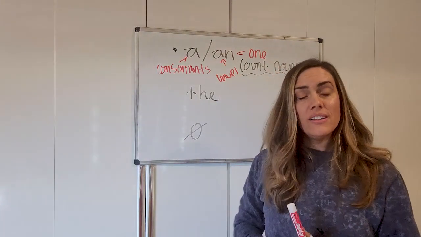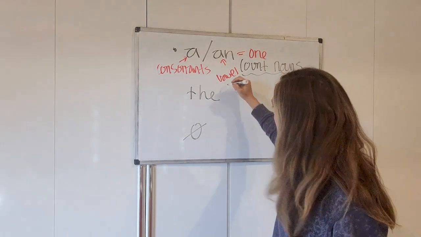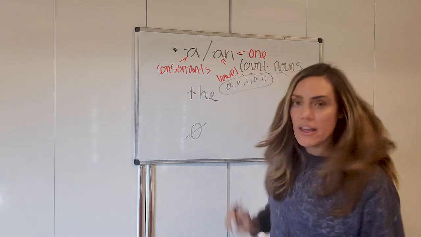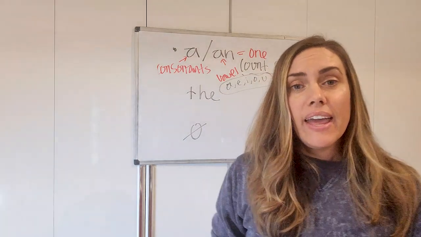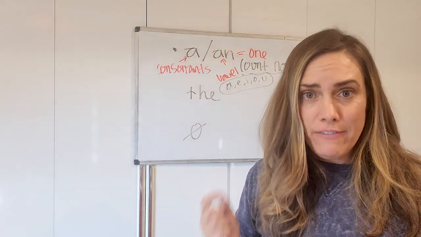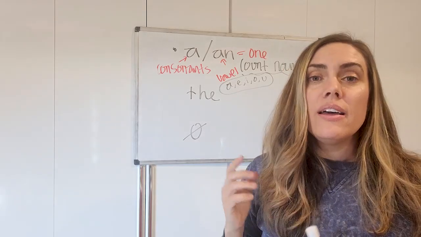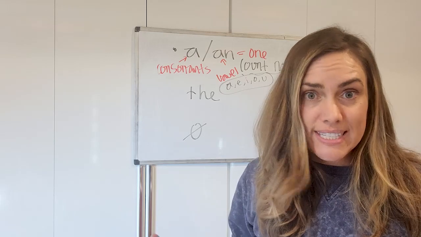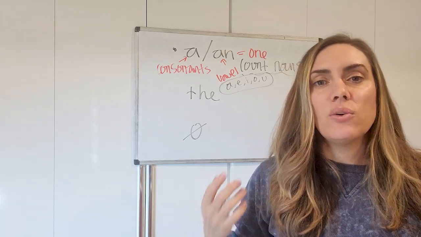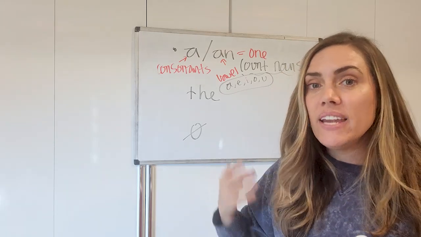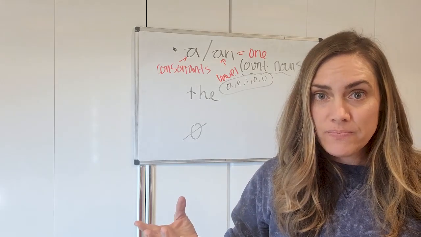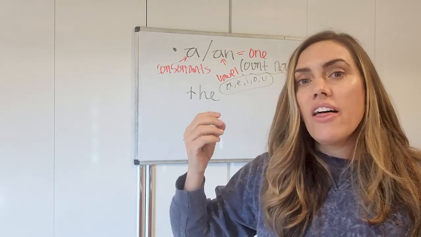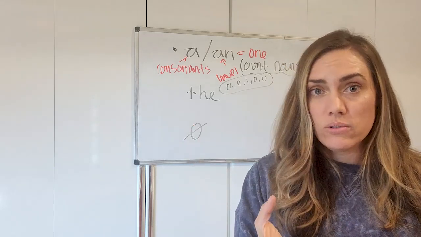A vowel is A, E, I, O, U, okay? A, E, I, O, U. We have 5 vowels, letters in English, but in reality, we actually have like 13 because we have many different sounds, 13 or more or less, depending on where you live, that are vowel sounds, okay?